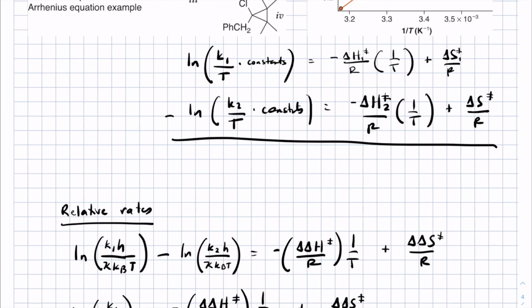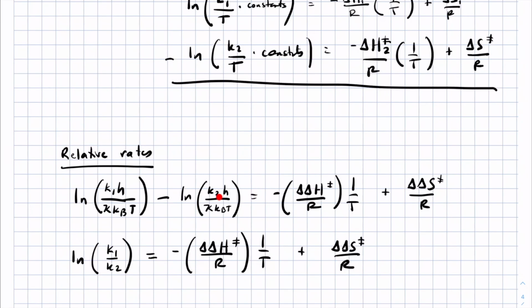And on the right-hand side, all of the R and 1 over T stuff remains the same. We're subtracting, though, delta H2 from delta H1. So that's where our delta delta H is, and similarly with our delta delta S. And if you combine these logarithms, the constants and even the temperature all cancel each other out.